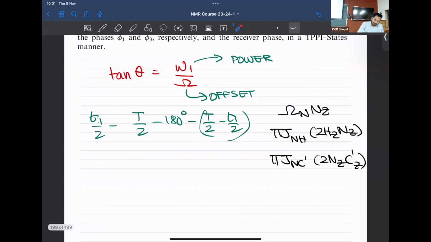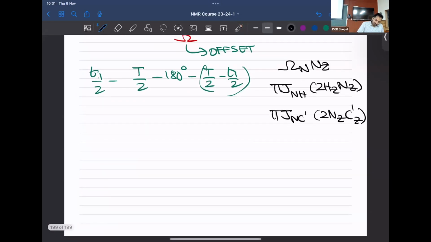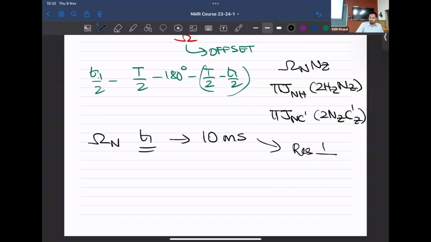So in the nitrogen dimension, you might want the T1 to go, let's say, until 10 milliseconds at least. What is 10 milliseconds? The resolution will be 1 over 10 milliseconds, which is going to be 100 Hertz. This is very bad if you think about it. Of course, after zero filling, after other things, you'll get high resolution, right?